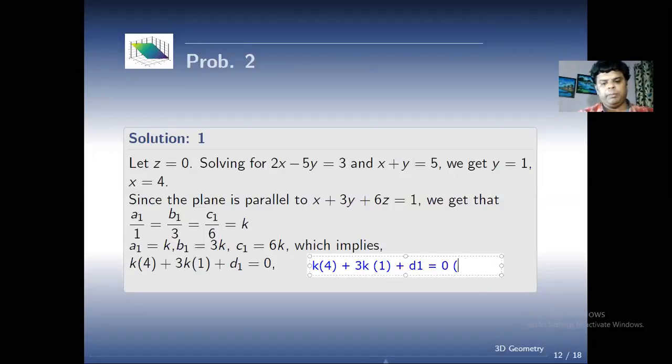I have just plugged in 4, 1, 0 into the equation for the plane.